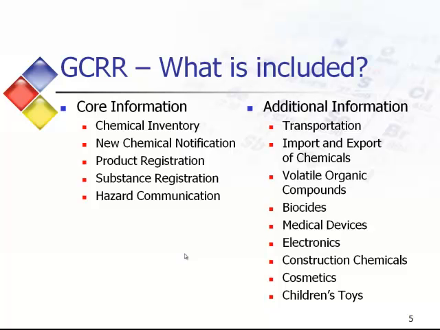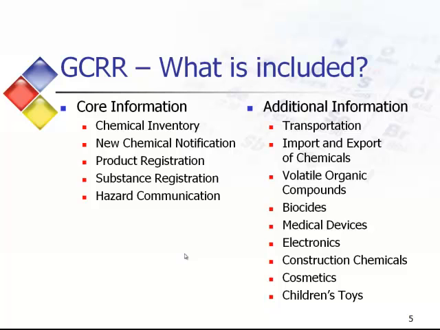Now, the Global Chemical Regulatory Report is not attempting to capture all information for every jurisdiction we monitor. Instead, we are trying to capture the information that we call the core. This is the information that is the baseline for understanding your compliance requirements for any given region.